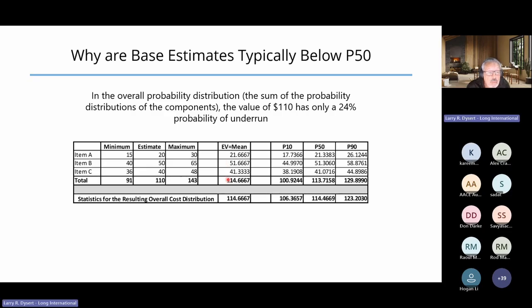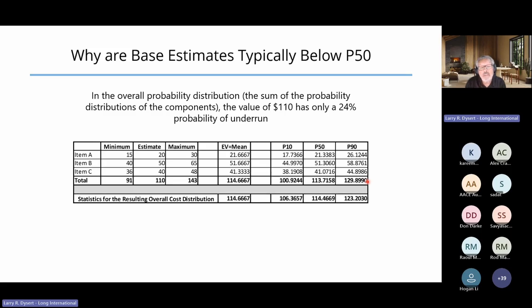The mean value for the distribution here is 114.7. If we look at the P10, the P50s, the P90s of these individual elements, they add up to 100, 113, basically 130.